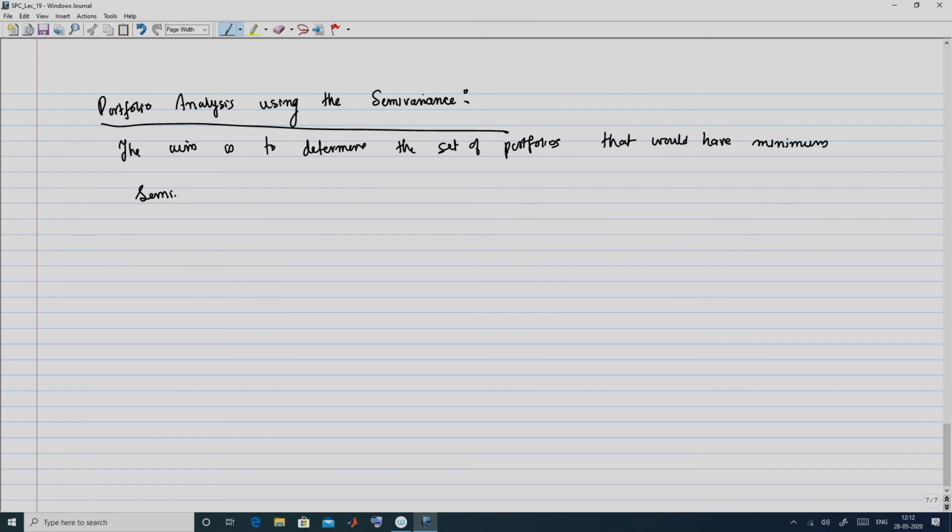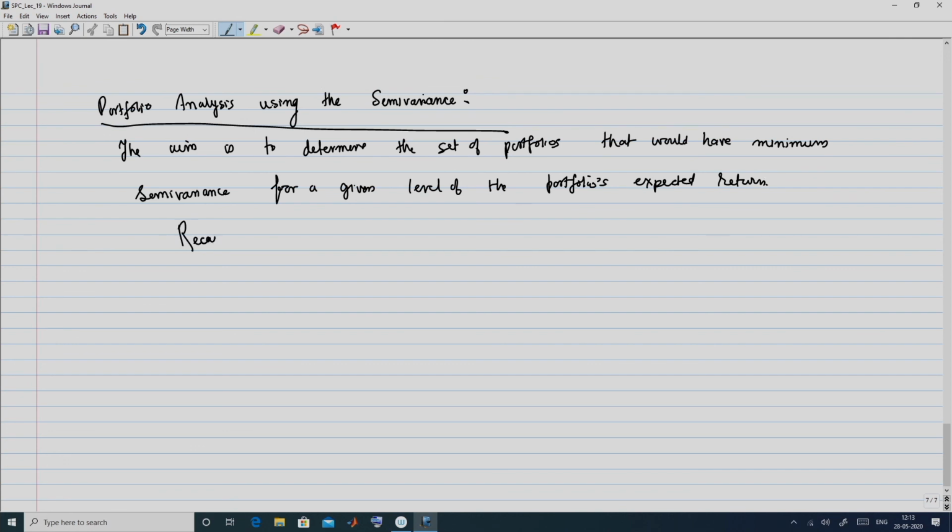So, this is basically determining the efficient frontier in the semi-variance framework. It is the minimum semi-variance for a given level of the portfolio's expected return.